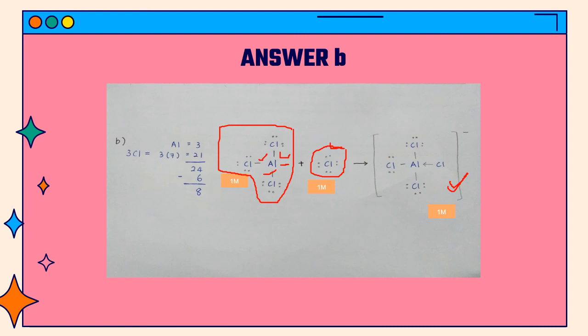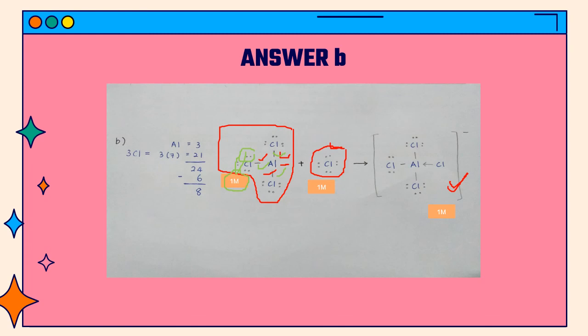So draw the AlCl3 with 3 bonding pairs, with the correct bonding pairs and correct number of valence electrons. These 3 bonding pairs and the number of electrons get 1 mark. And then Cl -1 means it accepts 1 electron.